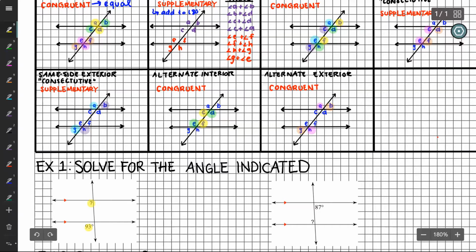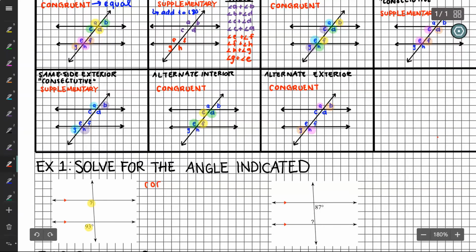So I have same side of the transversal. So we're looking at either same side exterior, same side interior, corresponding or linear pairs. So they can't be linear pairs because they're not next to each other. So we're going to eliminate that one. And then we have one inside and one outside, so that eliminates same side exterior and same side interior. So that means that these angles are corresponding.